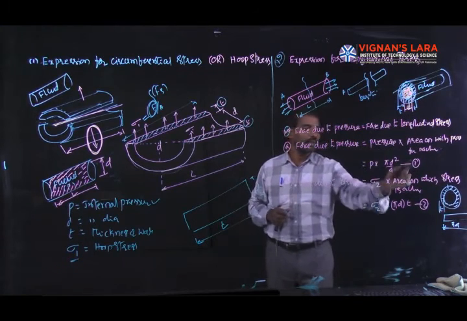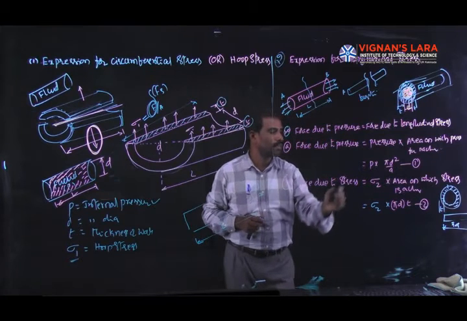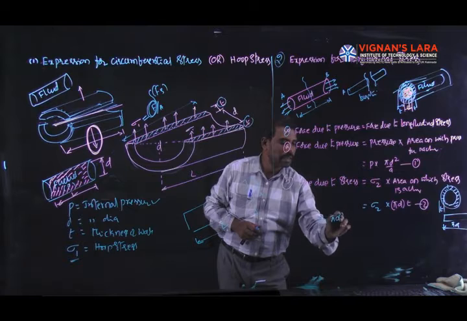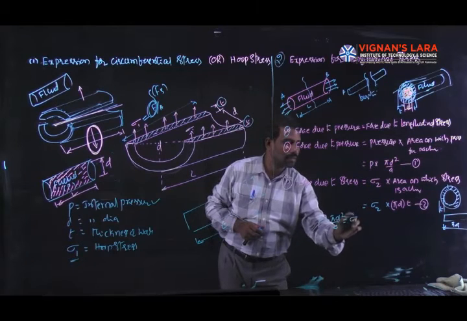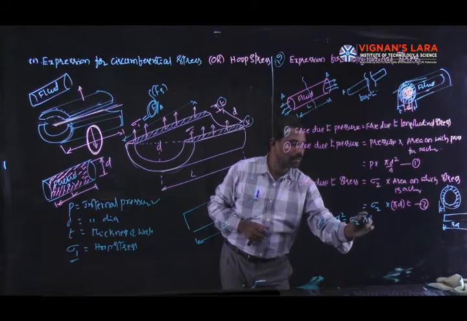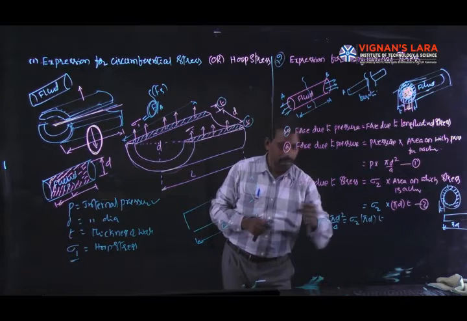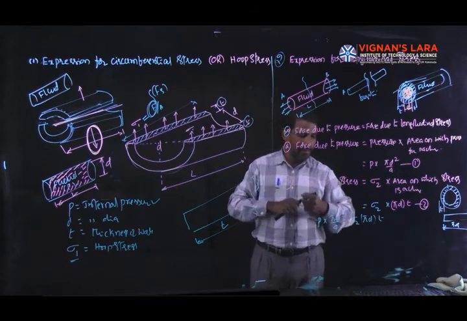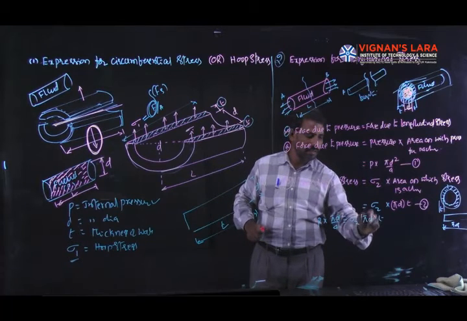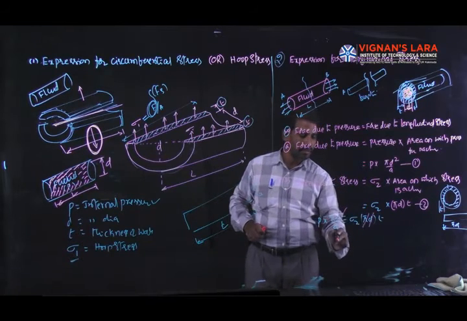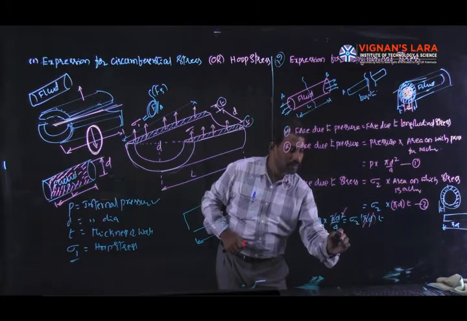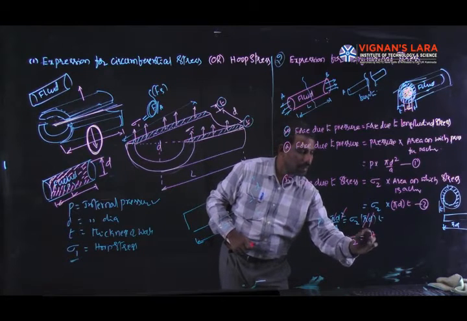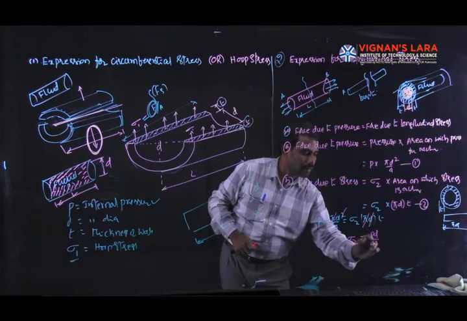Simply equating equation number 1 and 2, P into pi d square by 4 is equal to sigma 2 into pi d into T. Cancelling out the d and pi, therefore sigma 2 is equal to PD by 4T.